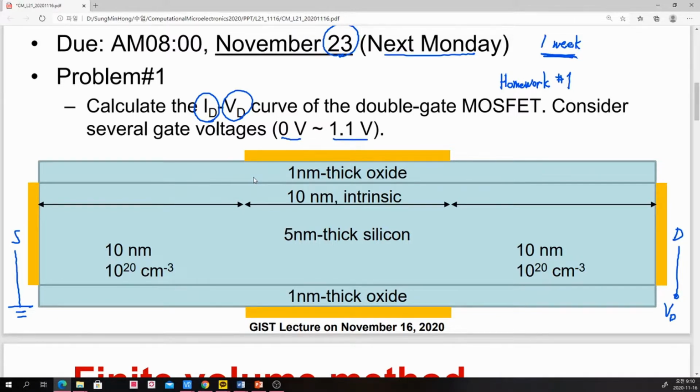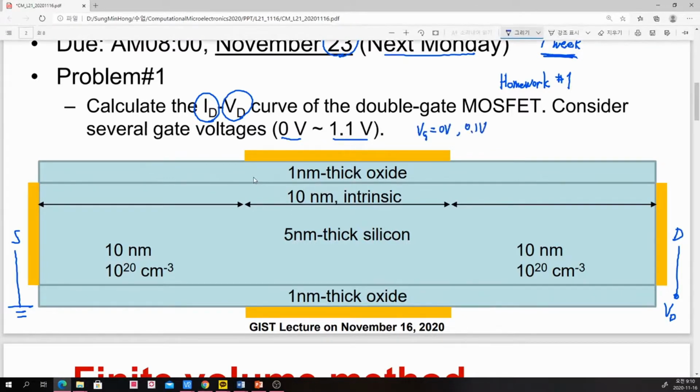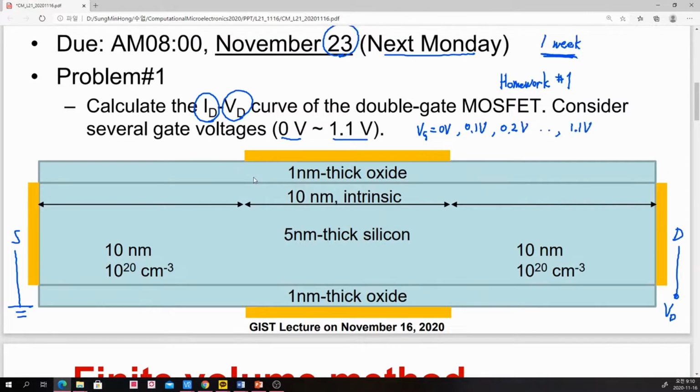My suggestion is to calculate VG equal to 0 volt, 0.1 volt, 0.2 volt, and so on, up to 1.1 volt. For each of them, just change your drain bias voltage, then you will get different ID values and just plot them. That is my suggestion for you.